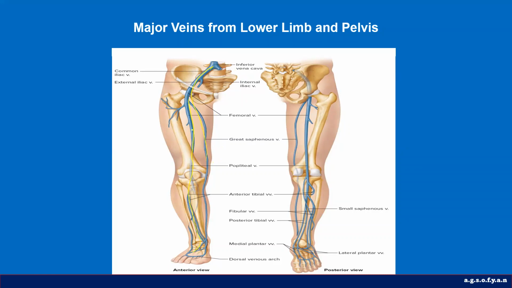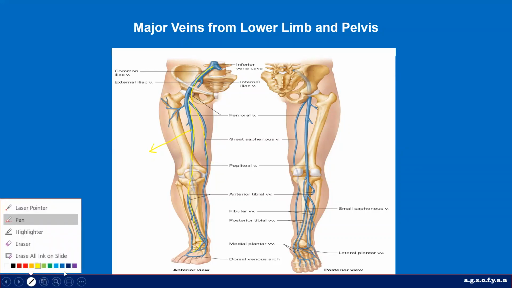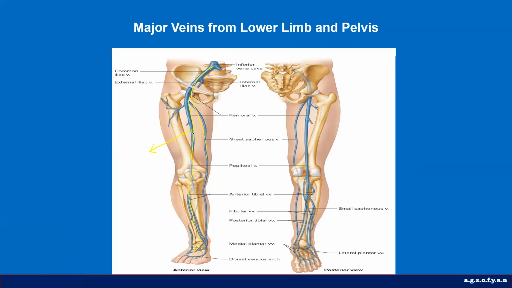And again, remember, in veins there is no pressure on it. There is no blood pressure. Therefore, most of this vein circulation will be helped by muscle contraction. So muscle will increase the blood flow from the lower part of our body to the top part of the body, to the inferior vena cava.